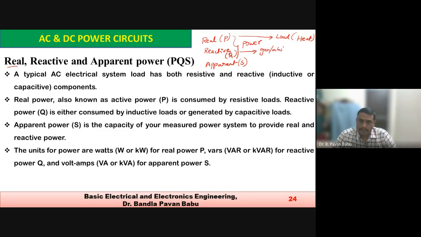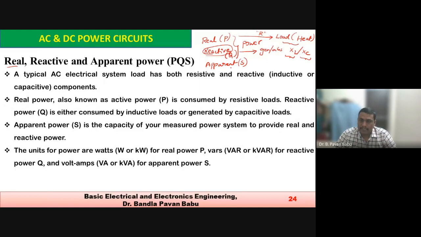The line itself creates it because of the reactive elements in the line, that is XL or XC, called inductive reactance or capacitive reactance. This absorption in the form of heat is observed only in the resistive element, which is denoted by R.